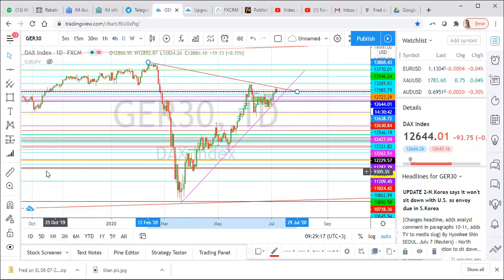This confirms for me we're on a downtrend, okay, and the dollar index is kind of confirming that for me. So on German 30, I'm looking at a bearish trend of about 250 pips.